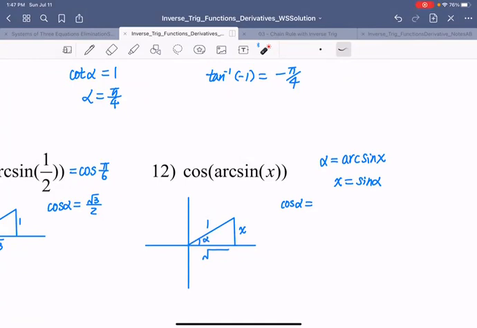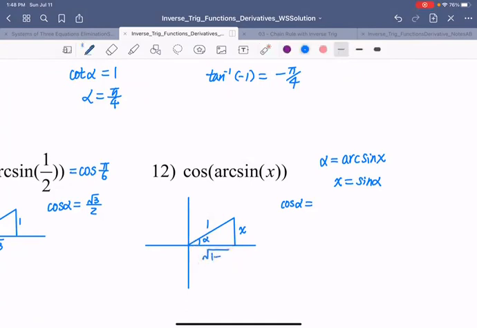Pythagorean theorem. Right. 1 squared equals x squared plus this guy. So this guy is going to be square root of 1 minus x squared, correct?